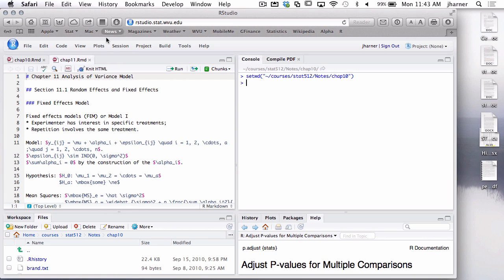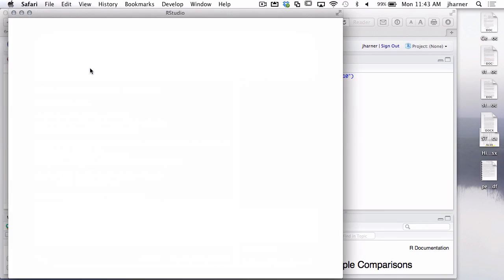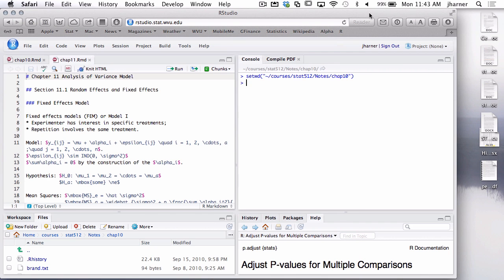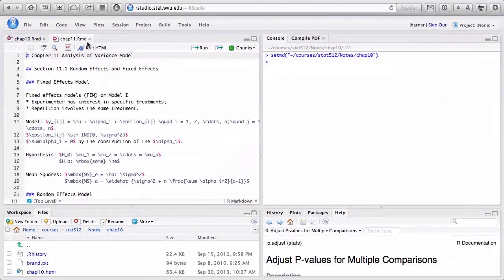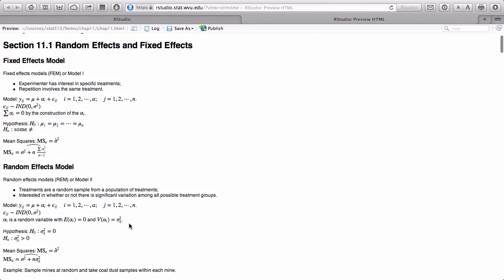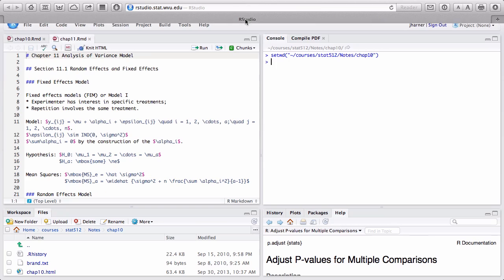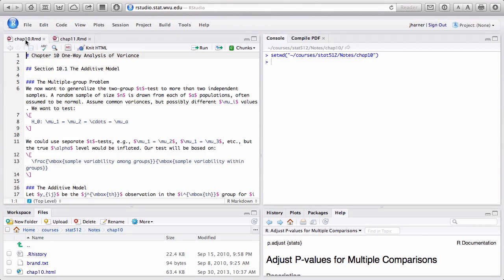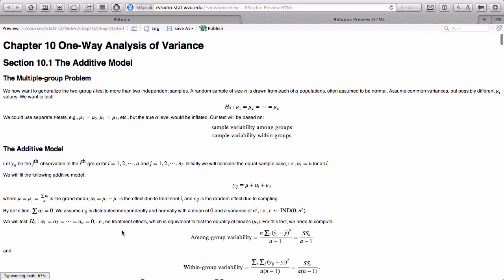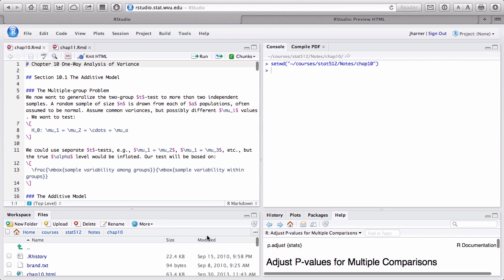Okay. And I'll knit it, create the HTML. Let me go up to full screen. Now I'll knit it. Whoops, wrong one. Let me get Chapter 10. Yeah, I'm set in Chapter 10.